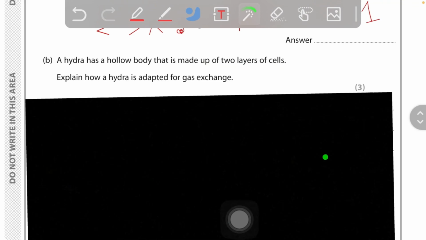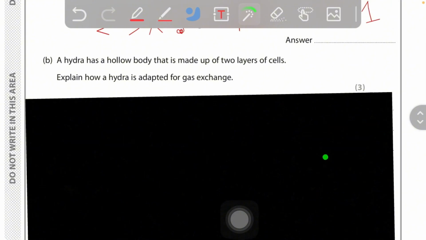As there are only two layers of cells, the body is thin, right? So there is a short diffusion distance for gases to exchange faster, and we just calculated the surface area to volume ratio, right? A large surface area to volume ratio indicates faster gas exchange.